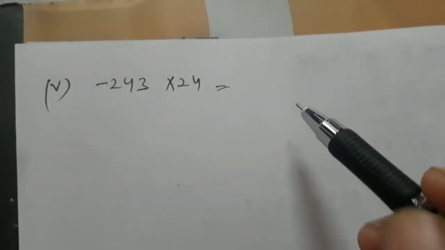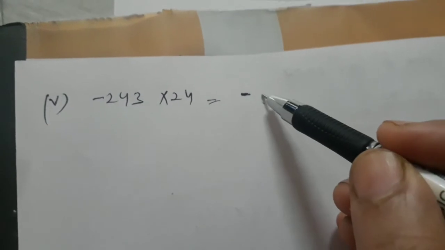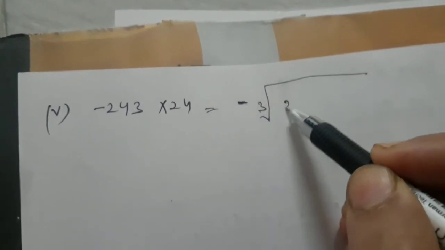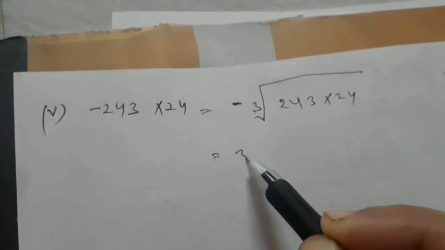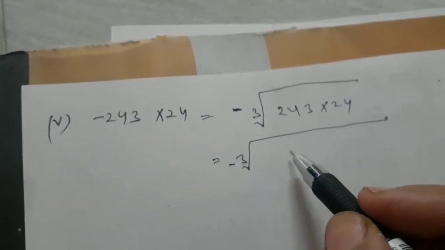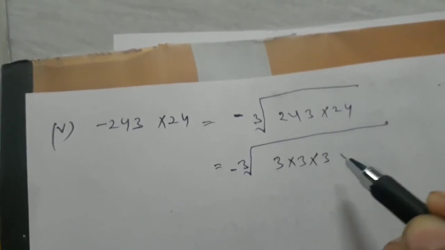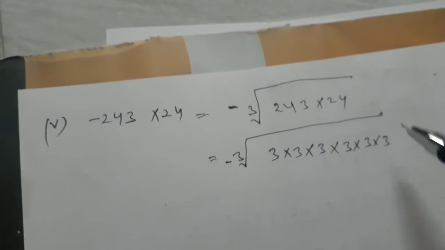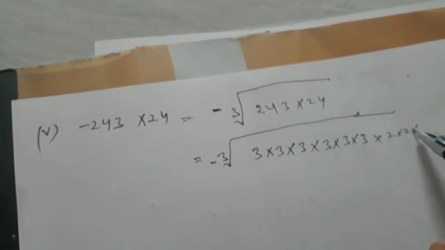Now come to the next question. The fifth part is minus 243 into 24. Bring out the negative sign outside the cube root. So 243 into 24. Factors of 243 and 24 are 3 times 3, then again 3 times 3, then 3 times 2.